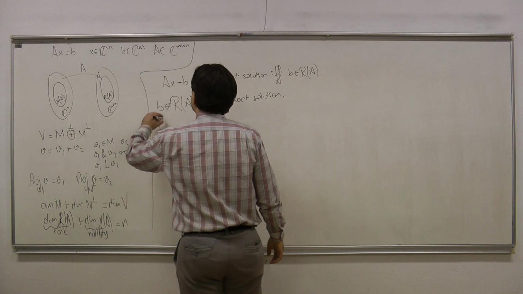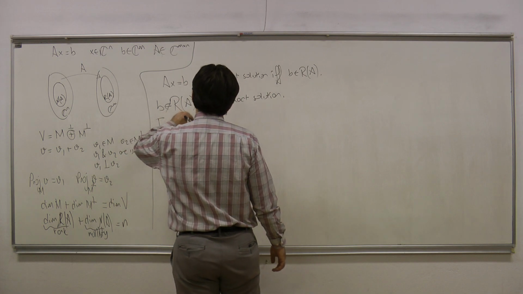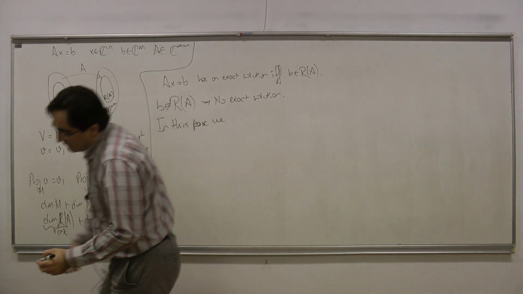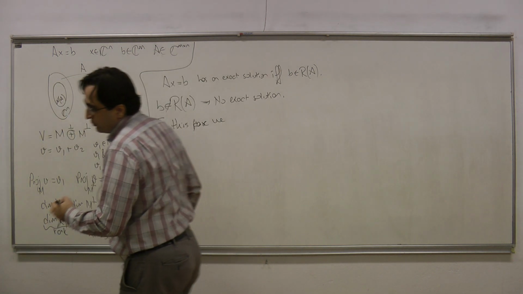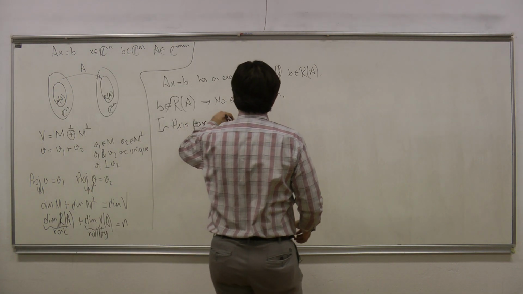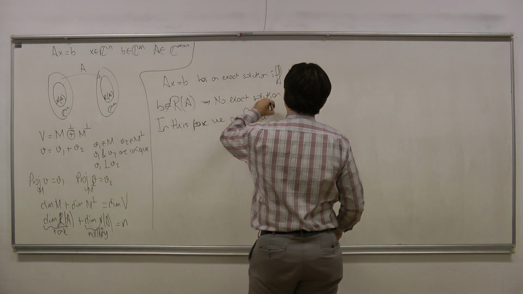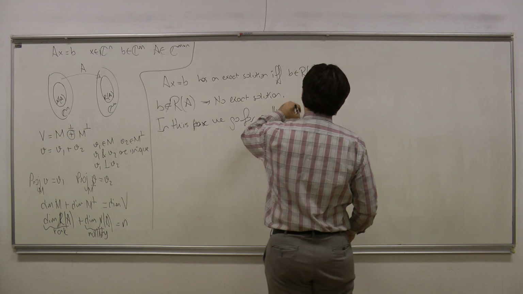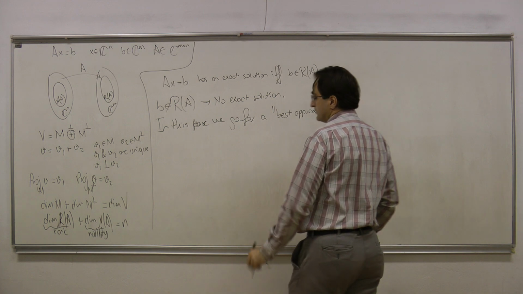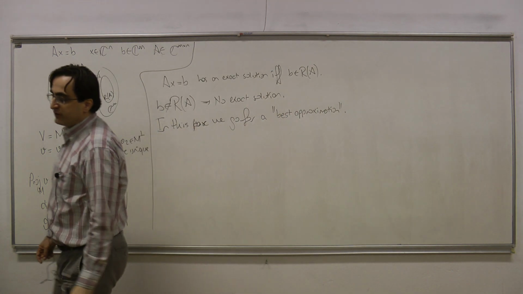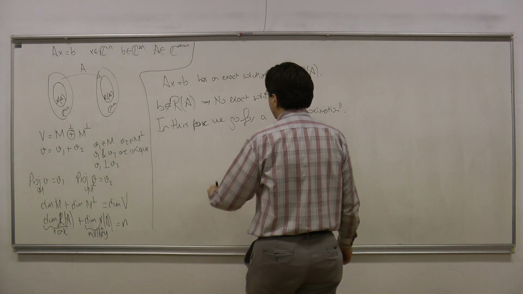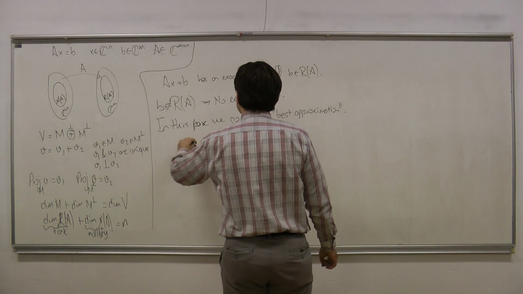So in this case, we go for in some way a best approximation. And in this course, this best approximation means the solution of the following optimization problem.